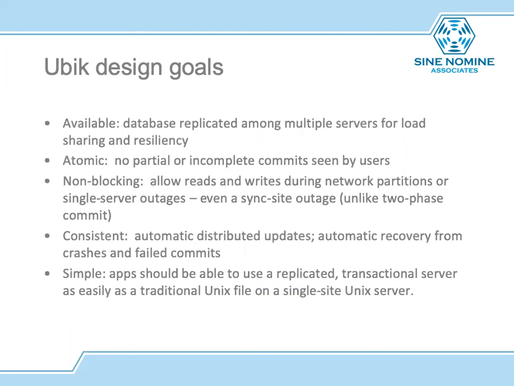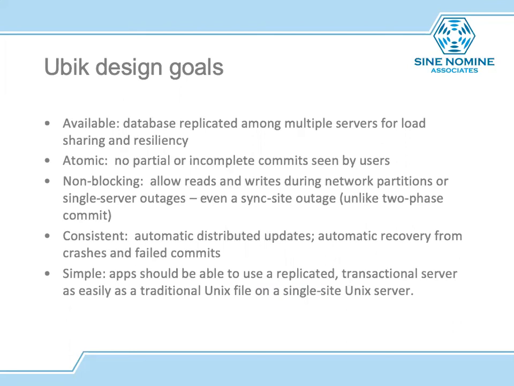All right, so here are some of the design goals when Ubik was first invented out of whole cloth by the people who did the original research and developed OpenAFS back in the 80s and early 90s. First of all, they wanted it to be highly available. So that's the reason for the multiple servers.